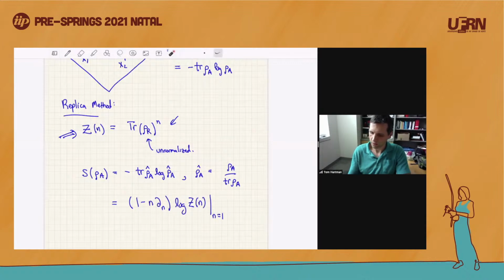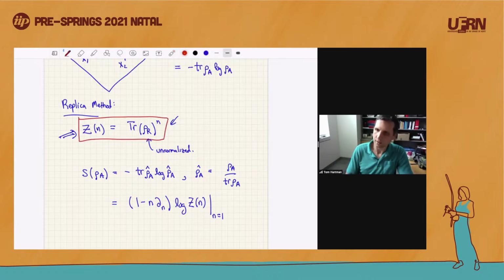When we talk about these replicas, we're going to replicate the physical system with some auxiliary systems an integer number of times. But the trick is we're going to find a way of calculating Z at non-integer n. We're going to analytically continue in n, and then use this to extract the von Neumann entropy. So our task now is to find a way of writing this quantity as a path integral.